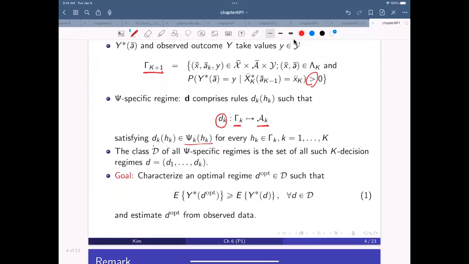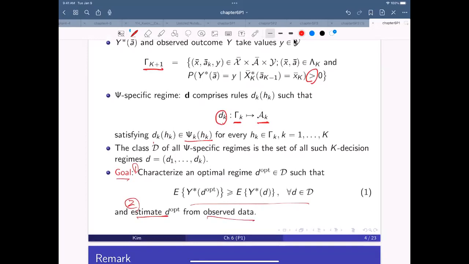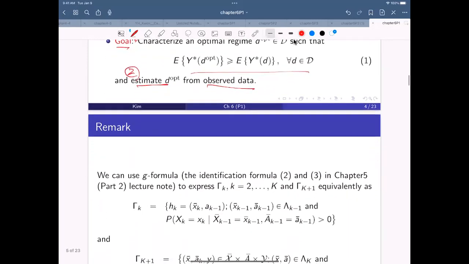So this is just a formulation. The goal is to characterize the optimal regime such that this works, and secondly, we want to estimate it from the observed data.